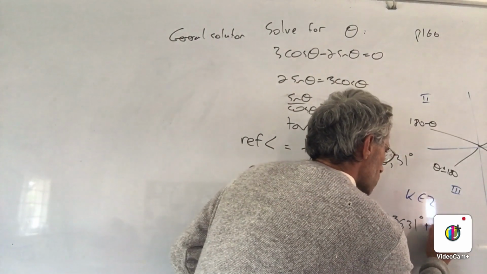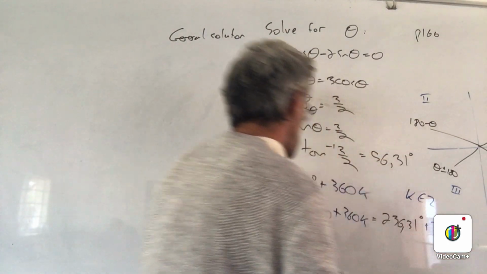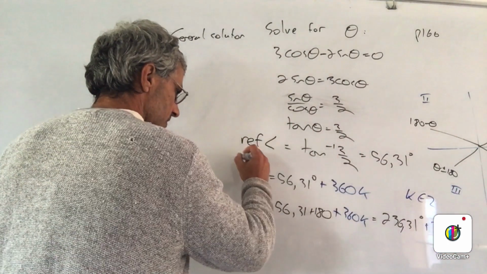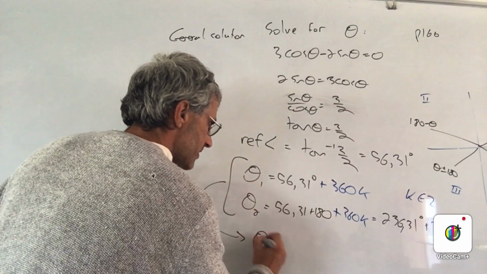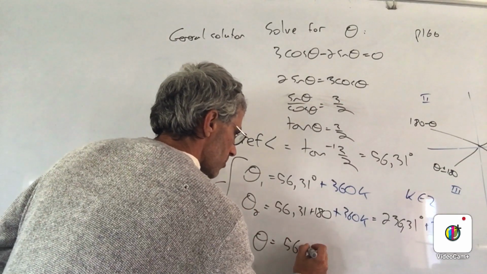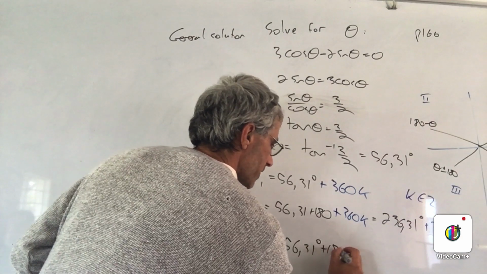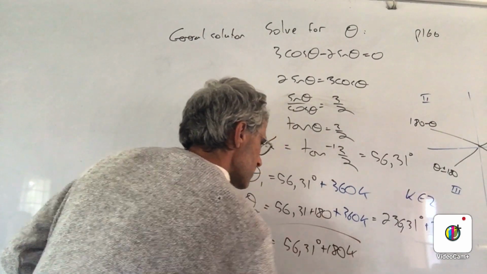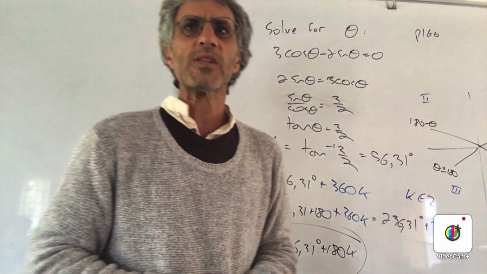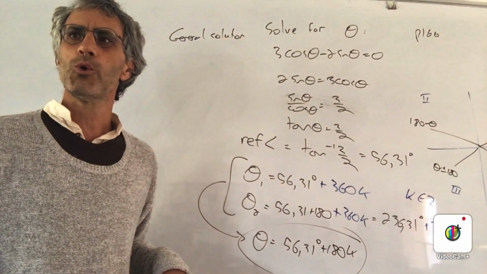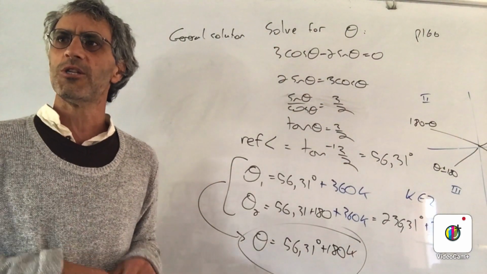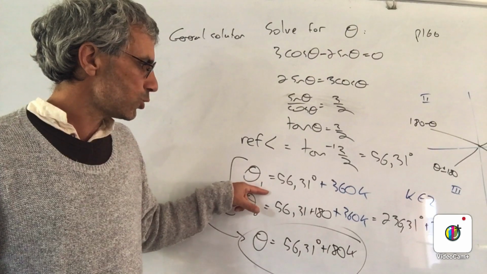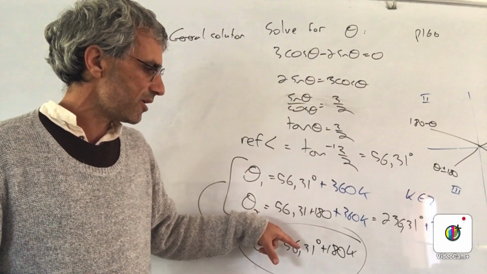So really, I should write those two things together as theta equal 56.31 plus 180k. Okay? This is only true for tan. For sine and cosine, we're going to have two solutions and we'll just add 360 to each one of them. But these two solutions are just 180 plus the other. So the final solution is this. I'll just pause here.